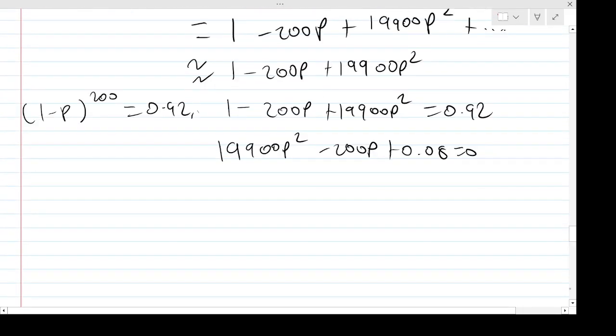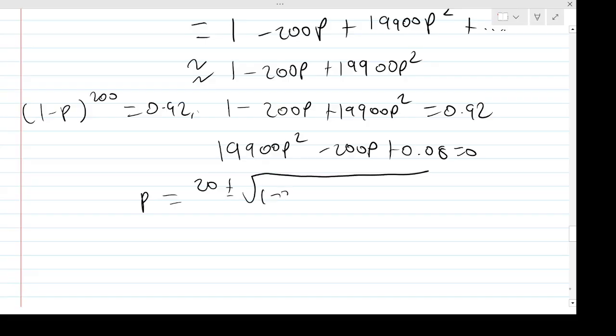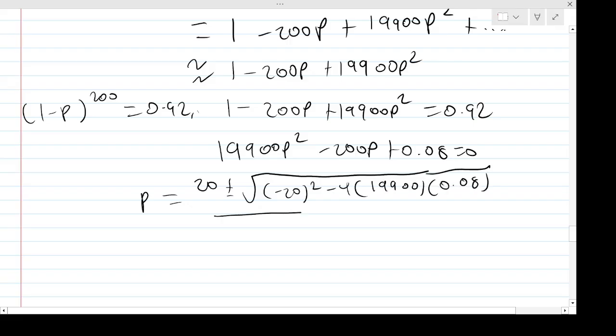So then we can solve that via the quadratic formula. So p will equal positive 200 plus or minus the square root of minus 200 all squared, take away 4 lots of 19900 times 0.08, over 2 lots of 19900, and if I put that in the calculator, I get these values.